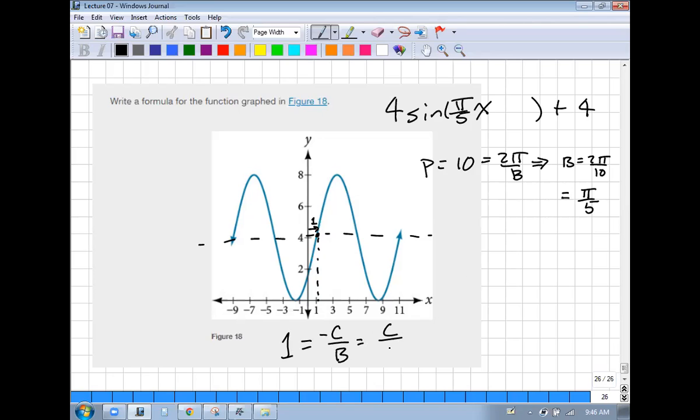So b we found was pi over 5. This is going to be 5c over pi is equal to 1. We could eyeball our shift and see that it's 1. This tells us that pi is 5c, or that c is pi over 5. So minus pi over 5. All right, that's the complicated one.